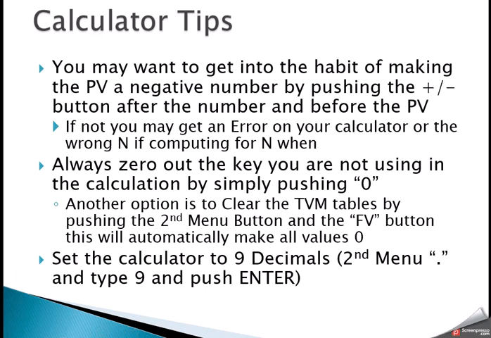So I put money into an account, that's money coming out of my pocket, like going into an IRA, that's negative. At the end, I get money back, that's positive. So you got to tell the calculator the cash flow is going different directions, and that's what that plus or minus button does. What I also do, because the time value of money keys, they remember what's in there. So there's like a memory.